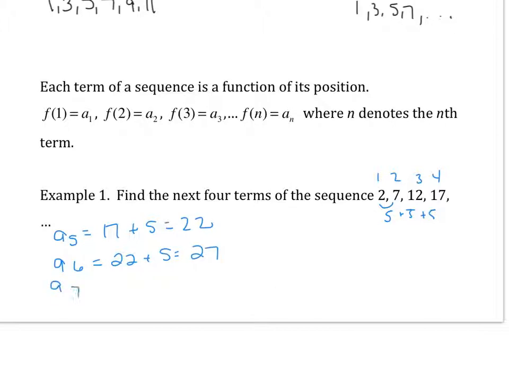A sub 7 would be 27 plus 5, which is 32. And then we have a sub 8, the 8th term, which would be the last of the 4, 32 plus 5, which is 37. So the next 4 would be 22, 27, 32, and 37.